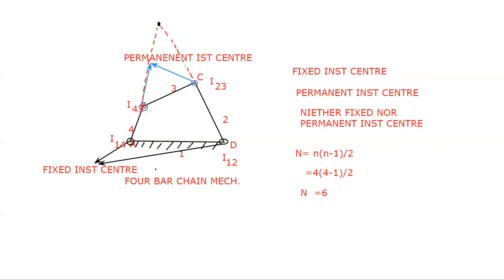So this is passing from 1 and 3. That means it is instantaneous center I13. So you have to name this instantaneous center as I13. This is my neither fixed nor permanent instantaneous center.